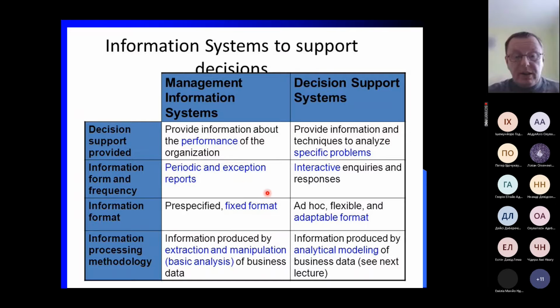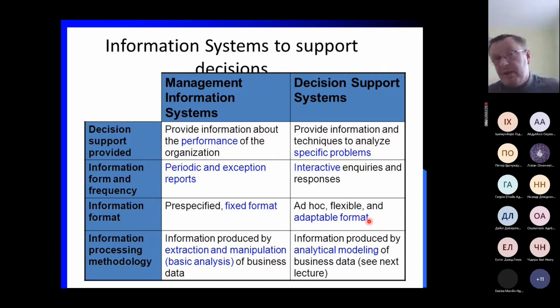In terms of information and frequency, management systems give periodic and exception responses, while with a decision support system we talk about interactive inquiries. Those parameters are right now not exactly clear and not exactly the same. The format of information is fixed and pre-specified for management, and ad hoc and flexible, with an adaptive format, for decision support. Mostly accurate things, even up to tomorrow.